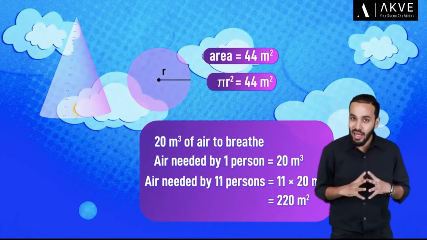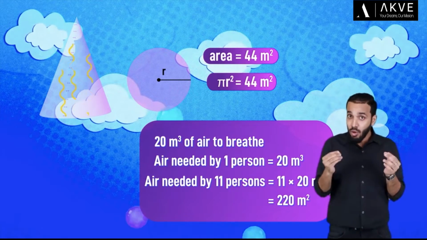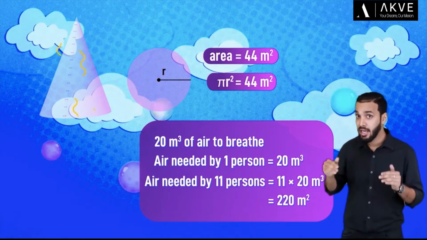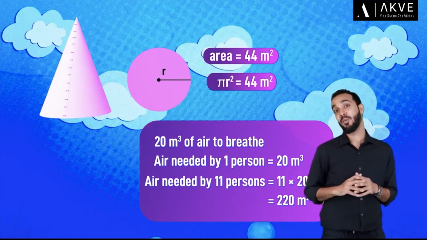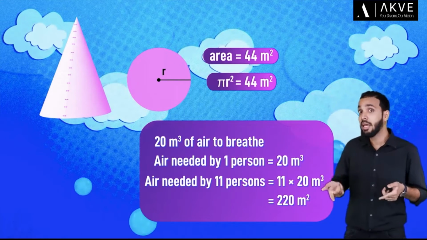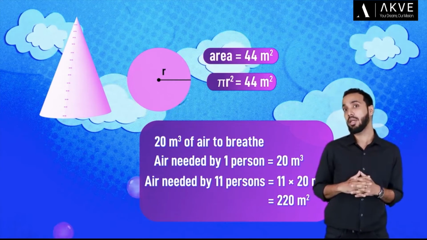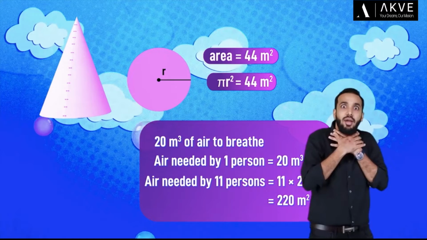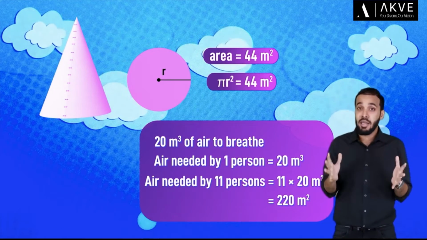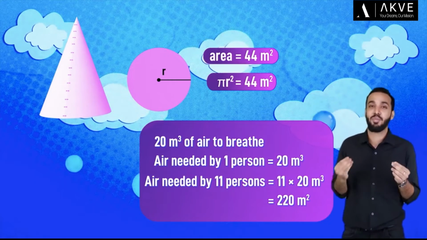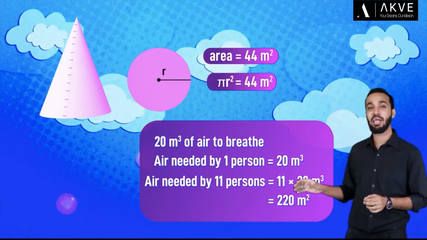So, as long as we make sure that the volume of the air inside the tent is 220 cubic meters or more, we are good to go. If the volume of the air is less than 220 cubic meters, the people might suffocate. So basically, the minimum volume of air required for 11 persons to breathe is 220 cubic meters.